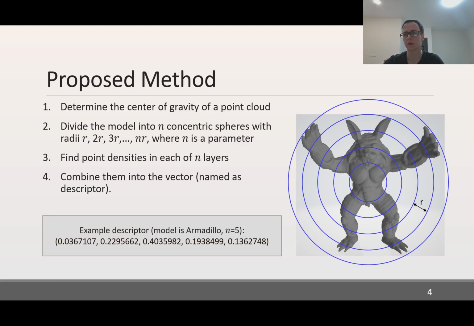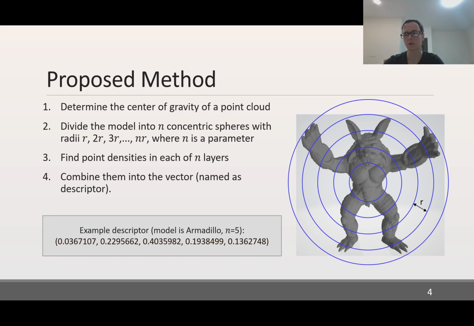Consider the method we have developed for calculating the descriptor, for which we require only the coordinates of model points. In the first step, we find the center of gravity of the model, after which we divide the region in which the model falls into n concentric spheres with a radius r for each sphere.